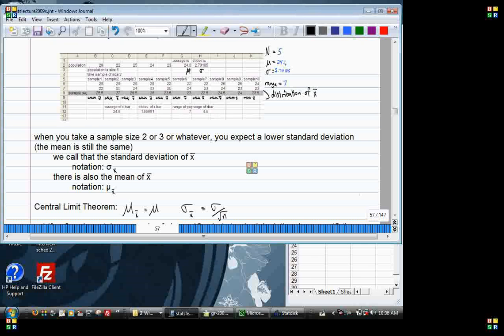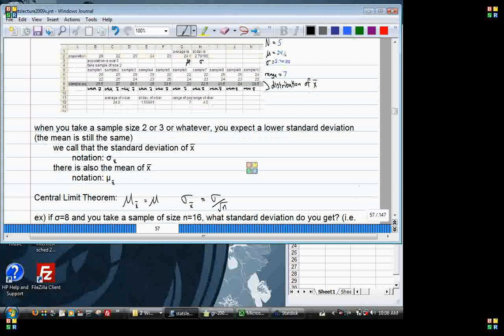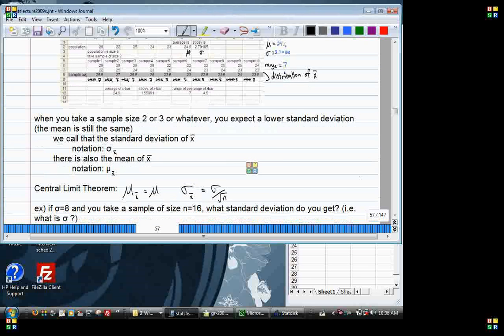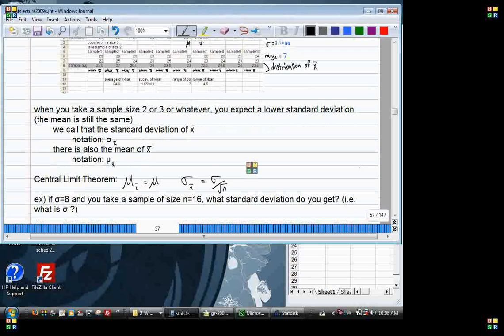Okay. So just to make sure that you understand how to do the simple calculation, suppose sigma equals 8, so the standard deviation for your population is 8, and you take a sample of size n equals 16, what standard deviation do you get? Or in other words, what is sigma for X bar?